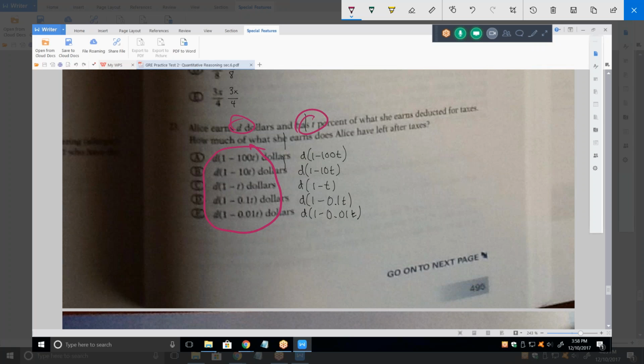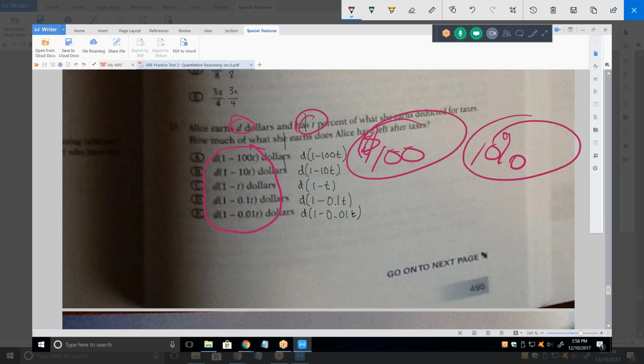That means that D and T are not specified, and you can make up whatever numbers you want. So pick some nice simple numbers like I did, like $100 for her earnings and 10% for taxes. Once you do that, it's relatively easy to come up with what the formula should be. But without picking the numbers, it's a little harder.